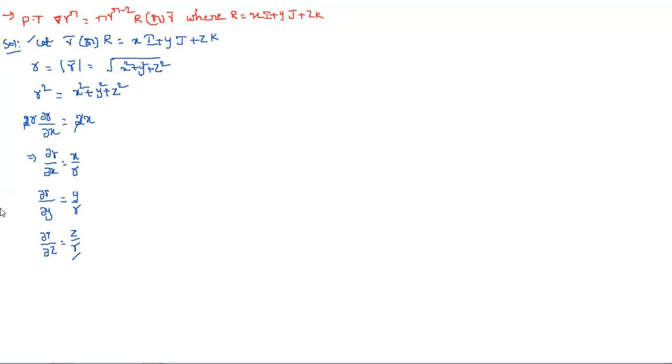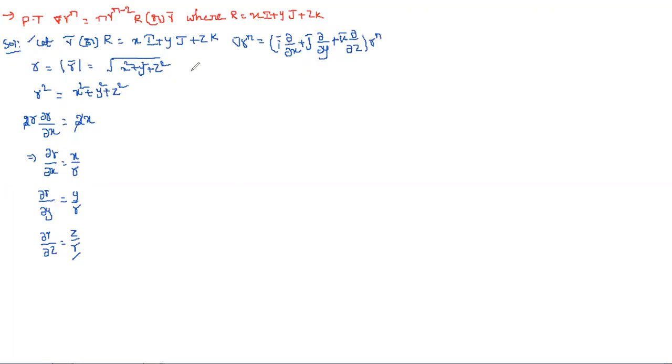Now coming to the problem, here it is having del r power n. So del r power n is equal to, here del is nothing but i dou by dou x plus j dou by dou y plus k dou by dou z, into r power n.